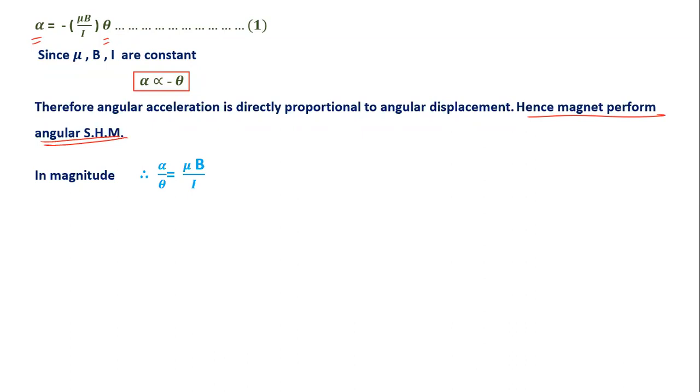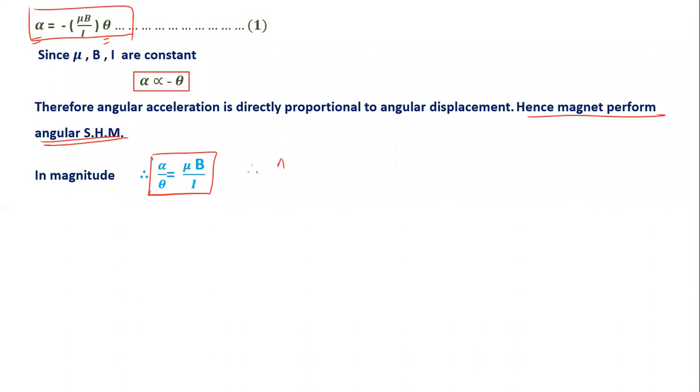Now by using this formula we can write alpha upon theta is equal to mu B upon I. We have not written the negative sign because we consider only magnitude. And this alpha divided by theta is the angular acceleration per unit angular displacement.